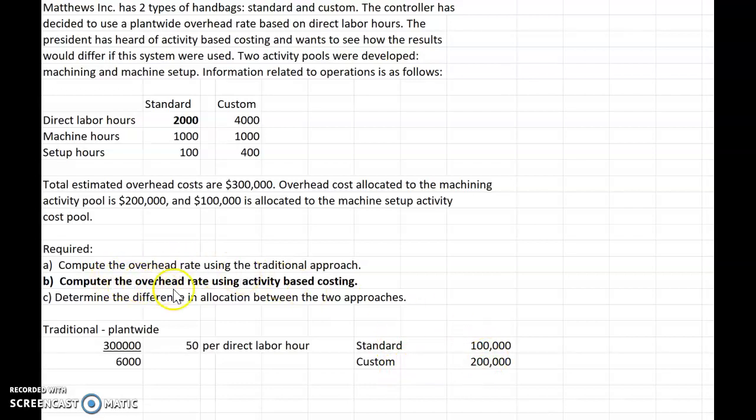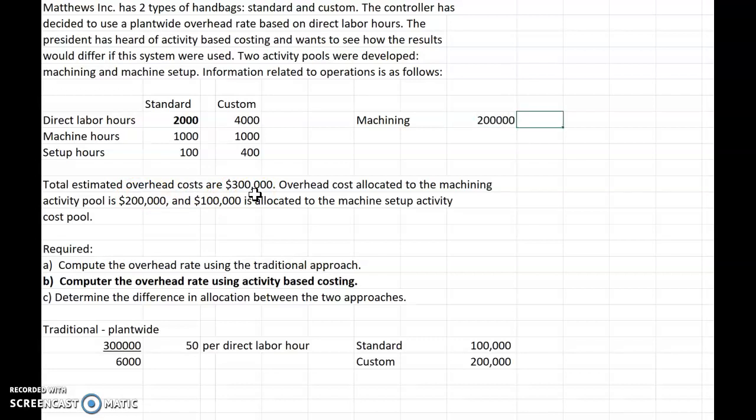Now let's take a look at the overhead using activity-based costing. So under activity-based costing, for machining, it would probably make more sense to use the machine hours as an allocation base. So for machining, we would take the activity cost pool, and they're saying the machining activity cost pool is $200,000.